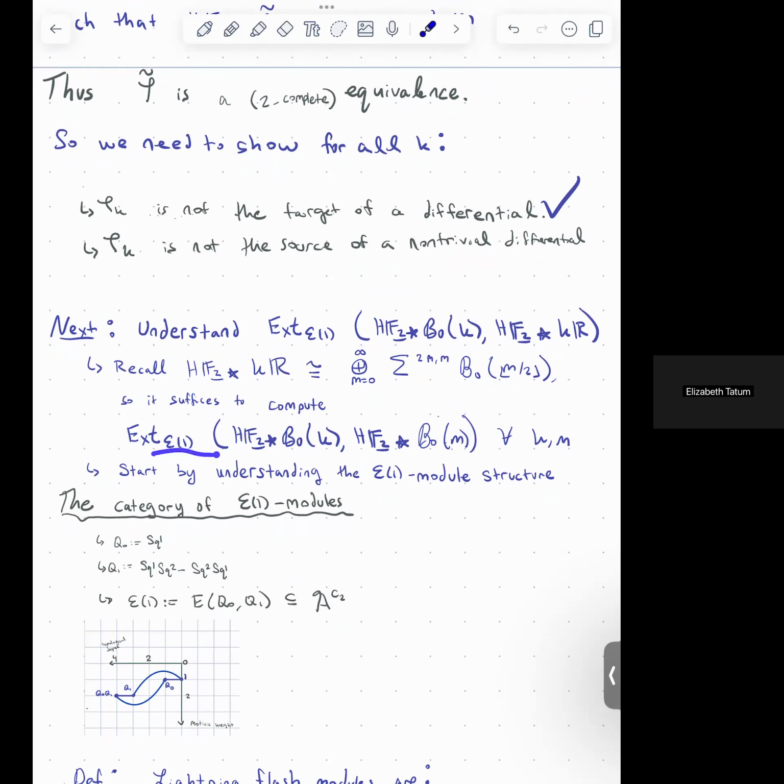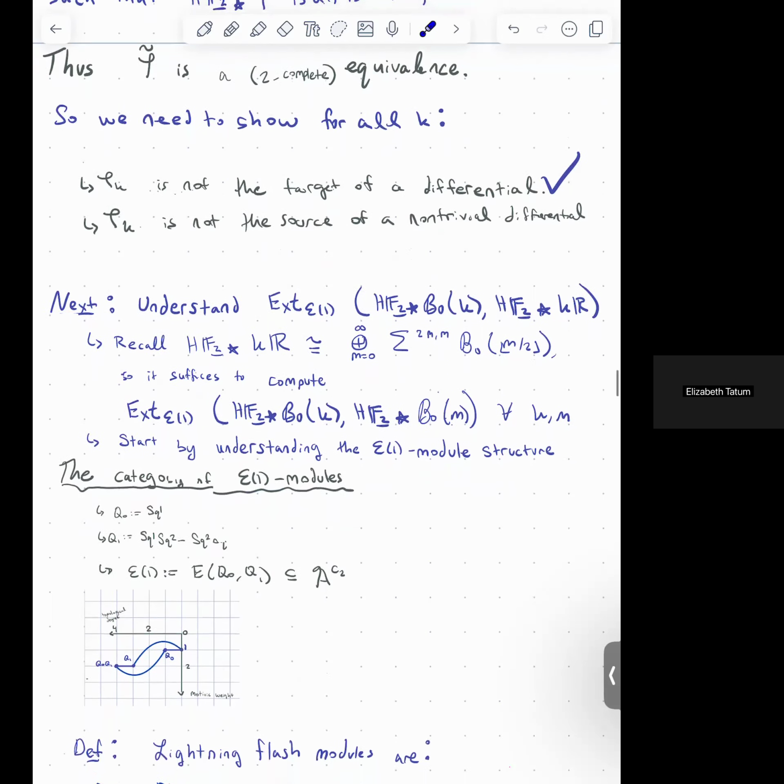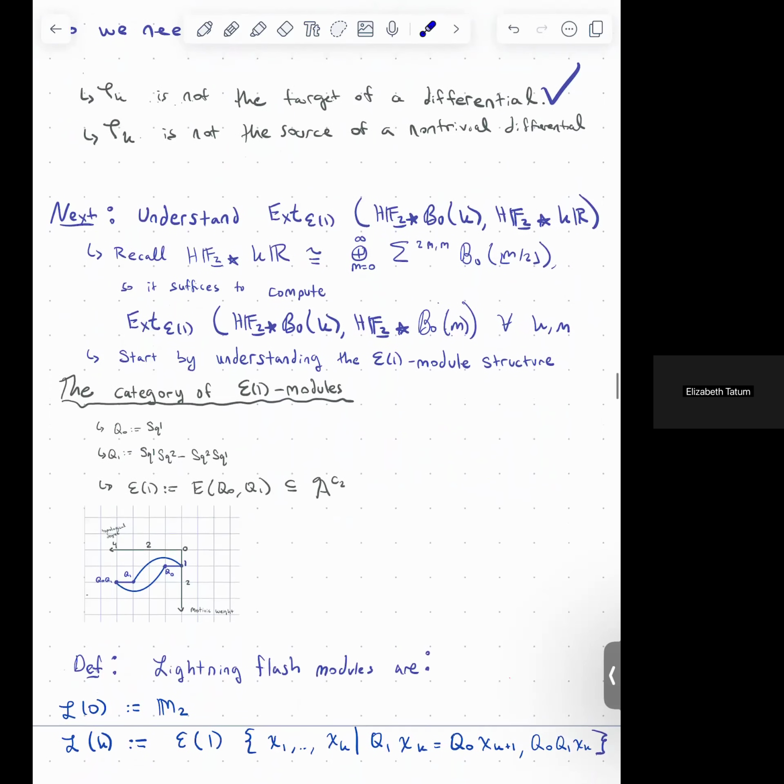In order to approach this problem, we want to start by understanding the E(1) module structure of these Brown-Gitler spectra. So I just want to say a little bit more about E(1). It's going to be generated by these Milnor primitives.